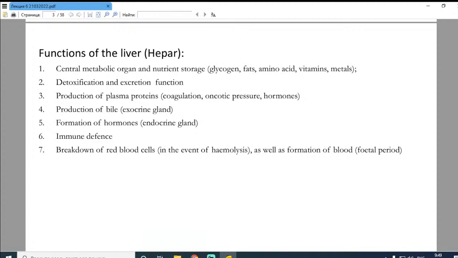Production of plasma proteins: coagulation, oncotic pressure, hormones. Production of bile, exocrine glands, formation of hormones, endocrine glands, immune defense, breakdown of red blood cells in the event of hemolysis, as well as the formation of blood in the fetal period.